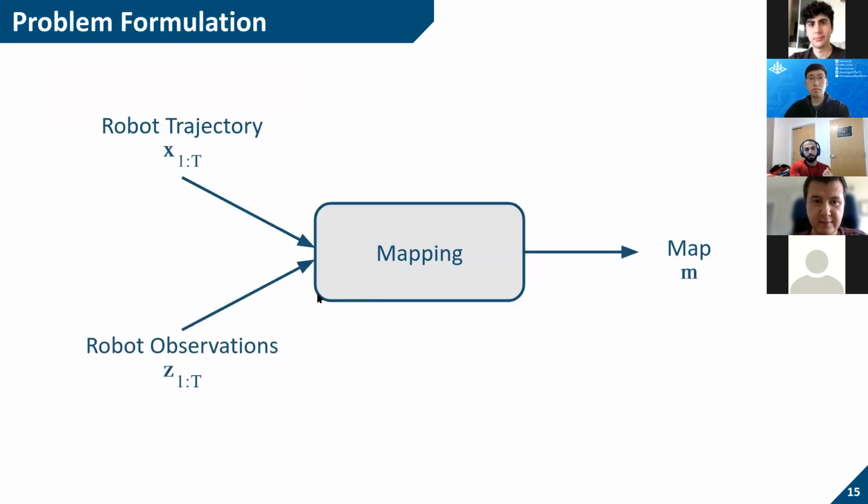So in summary, mapping is building some kind of knowledge, which I call a map, using robot trajectory and robot observations. Robot trajectory basically means the position of the robot, or more specifically, the position of the sensor over time, and the observations made from those positions over time.